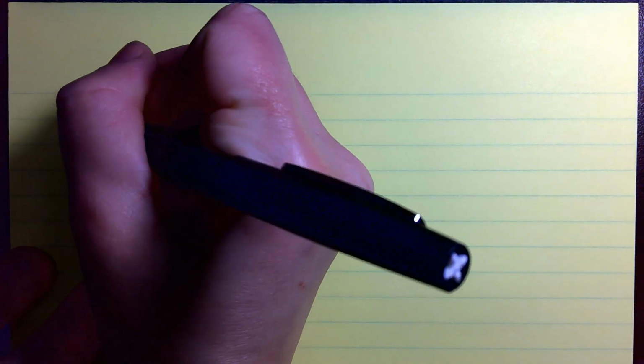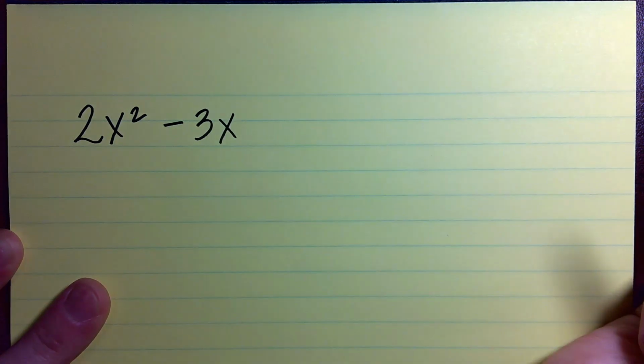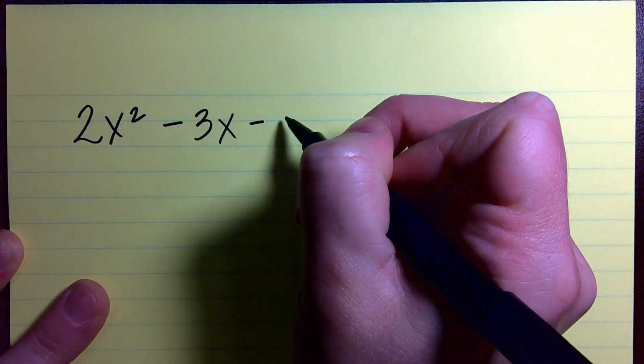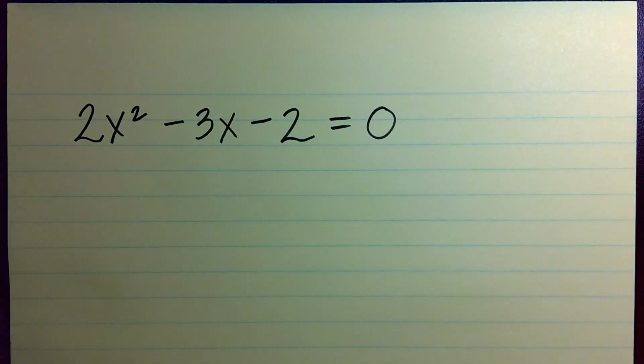So let me give you an example. Let's try 2x squared minus 3x minus 2 equals 0.